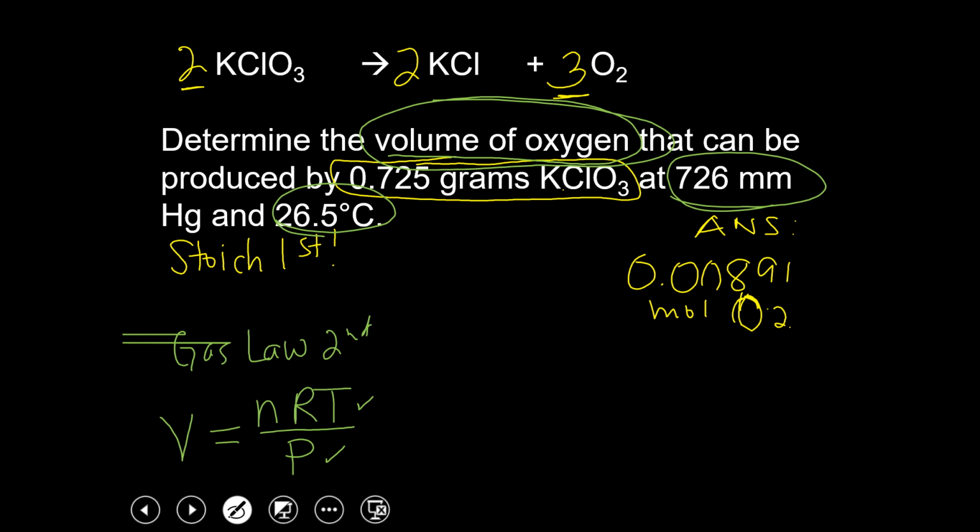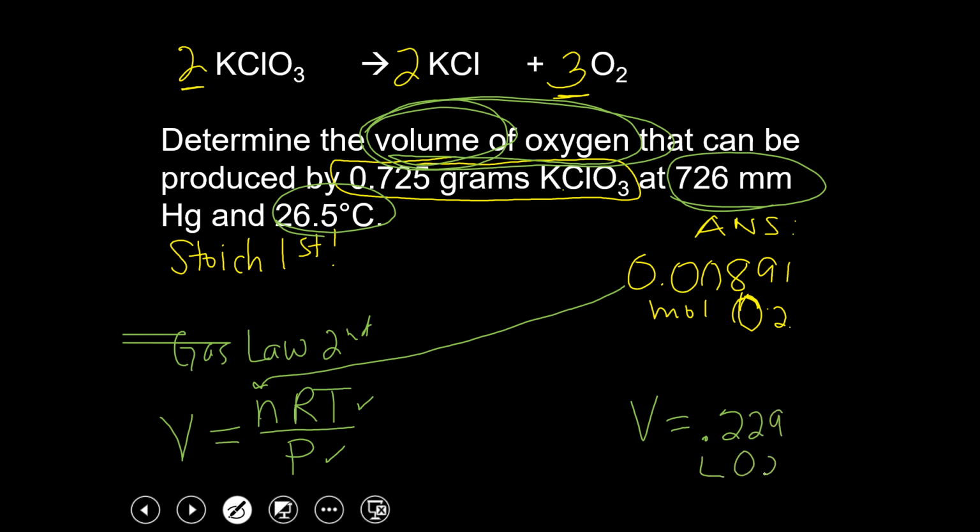And once you plug all of those in, you should get for the volume of the oxygen gas, since this is moles of oxygen that you're putting in, you're going to put the moles right in there. That'll give you the volume of oxygen. And the volume is 0.229 liters of oxygen.